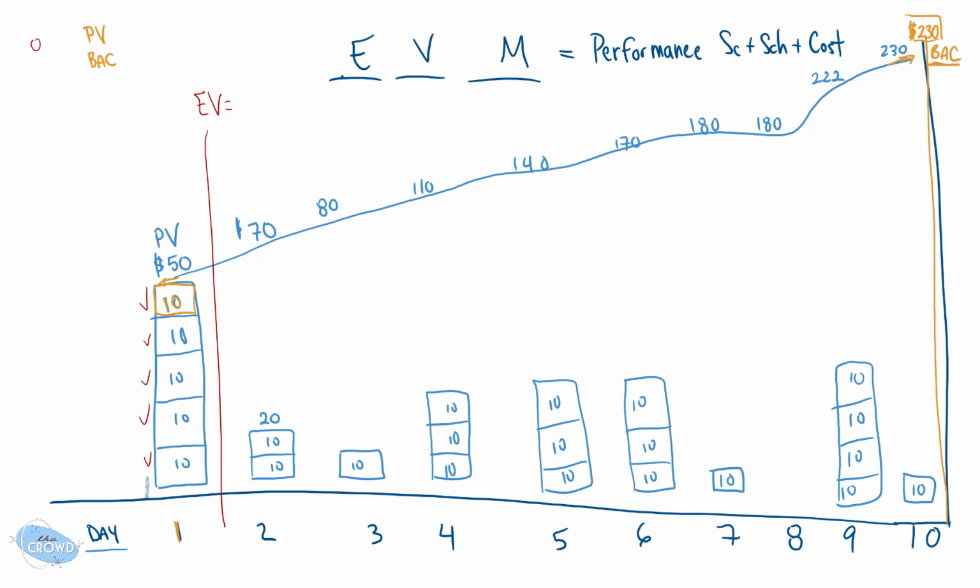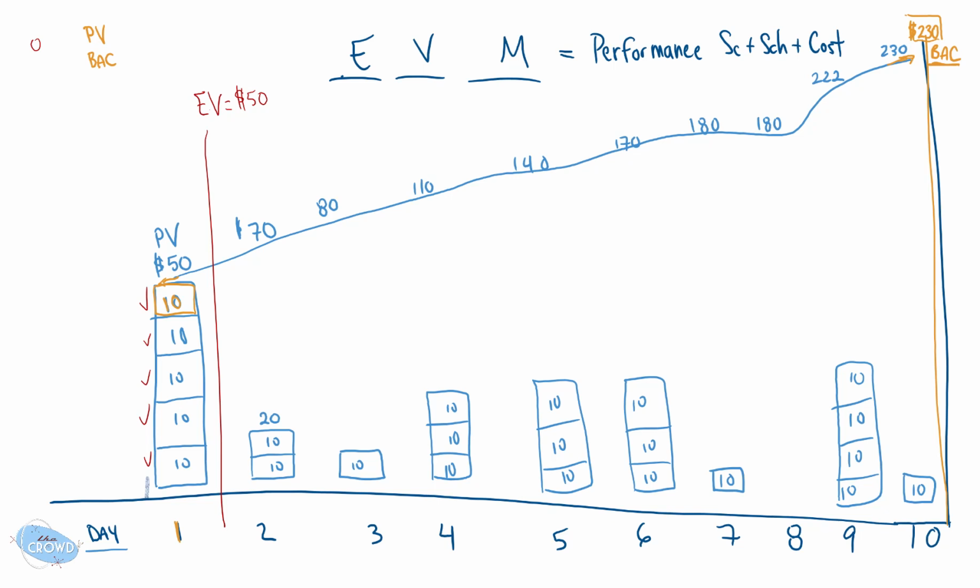Well, we planned to do 1, 2, 3, 4, 5, each of them worth 10. In that case, we've earned 10 from each of those times 5, which is obviously 50. Easy math there. And in that case, we have earned $50.